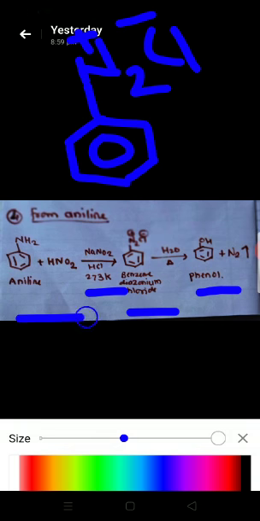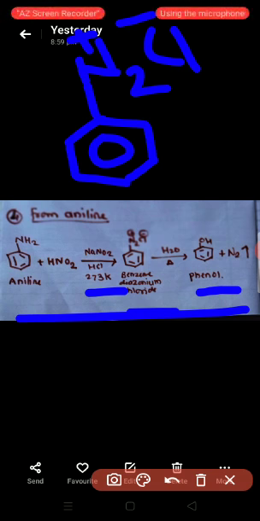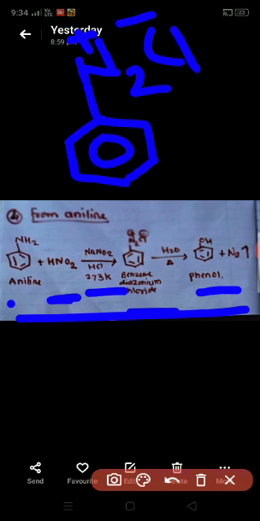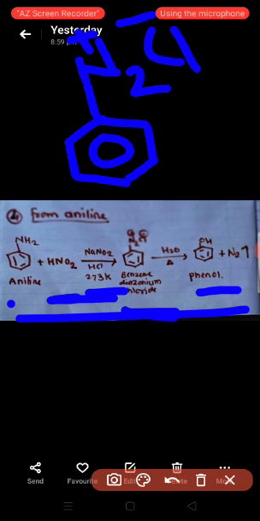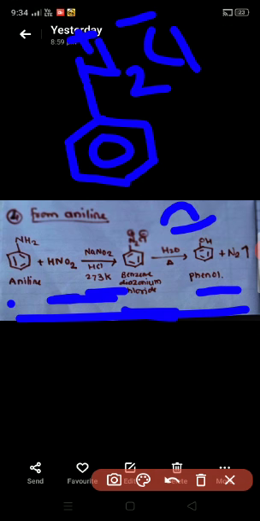In this way, this is the fourth process for the preparation of phenol using aniline. In the first step, aniline is treated with HNO2 at 273 Kelvin. Then benzene diazonium chloride is obtained, and this gives the phenol molecule.